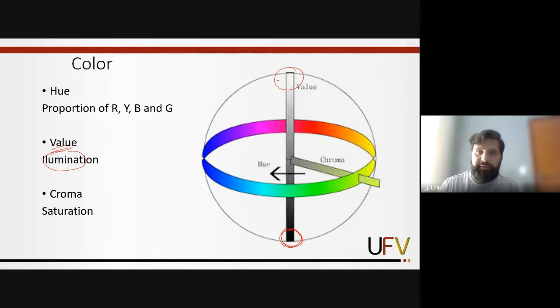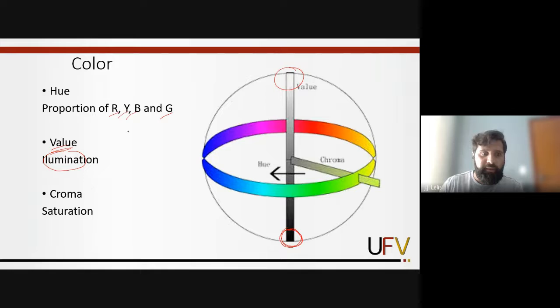We don't see the proportion of white here. So we can mix white with this spectrum, red, yellow, blue, or green. So we can have a pale red, or something like a not so strong red or not so strong yellow.